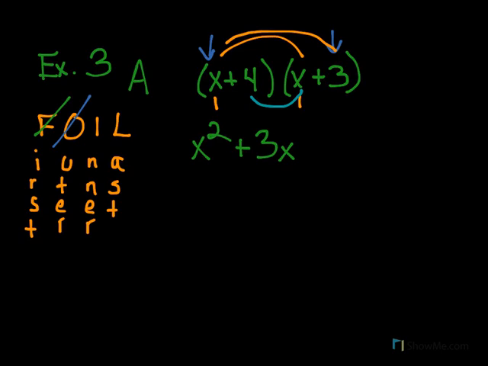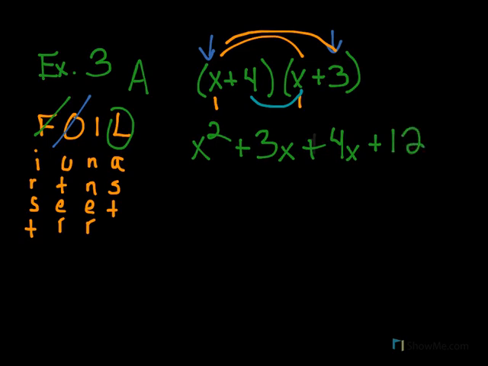So 4 times x is plus 4x. And then the last is the last term from both of them: 4 times 3, which is plus 12.